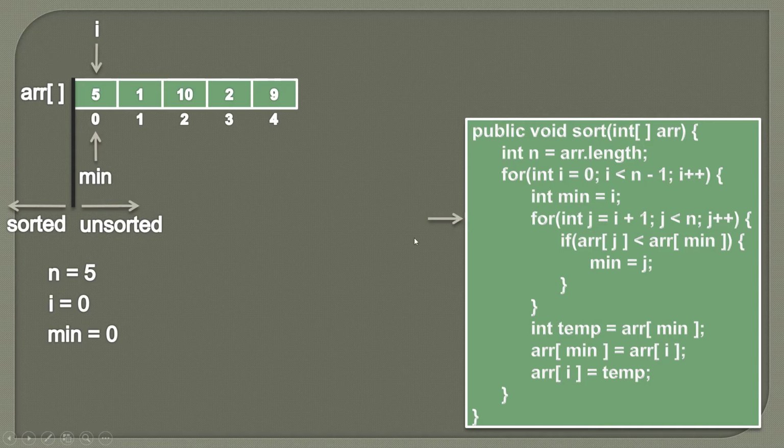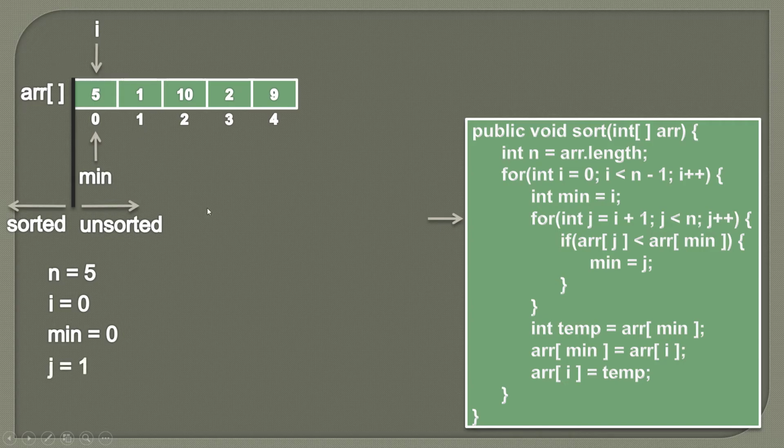So let's see how. This for loop will start from i plus 1, because here you can see we are assuming that 5 is our minimum value and i is pointing to it. So we start this inner for loop with j equal to i plus 1.